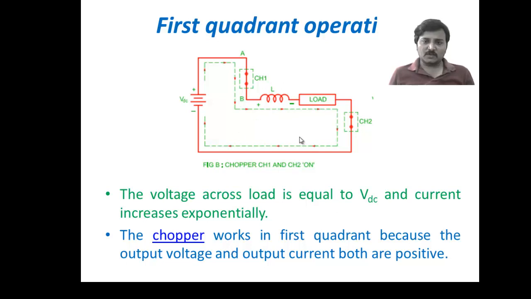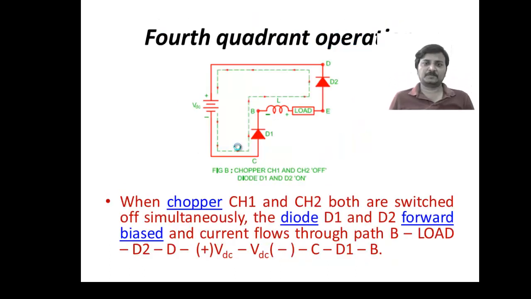The chopper works in the first quadrant because the voltage polarity is positive as well as the current direction. So in this mode of operation, the chopper circuit operates in the first quadrant, that means voltage is positive and current is also positive.